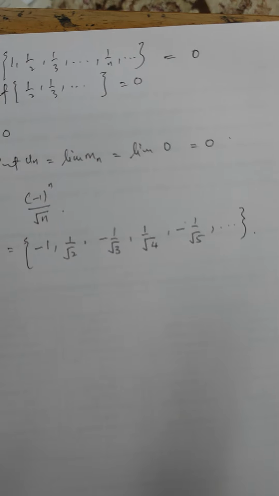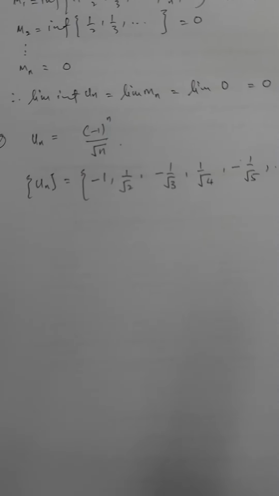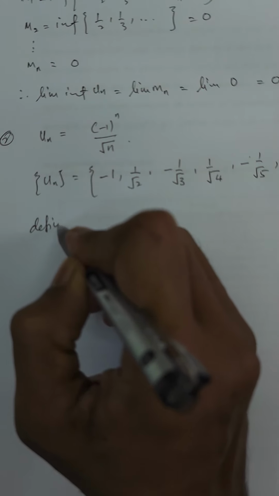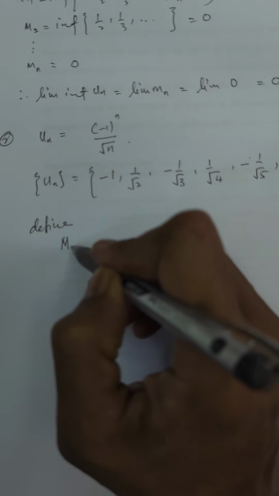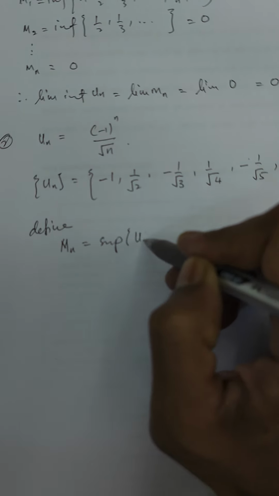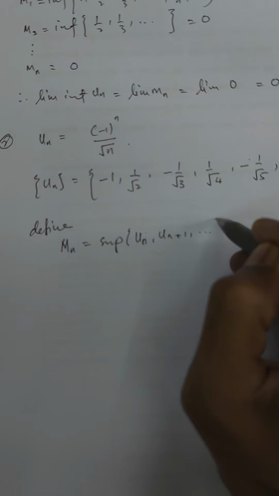Remember that we want to find the lim sup and lim inf. Again, we begin with the definition. We define capital Mn as the supremum of Un, Un+1, and so on.